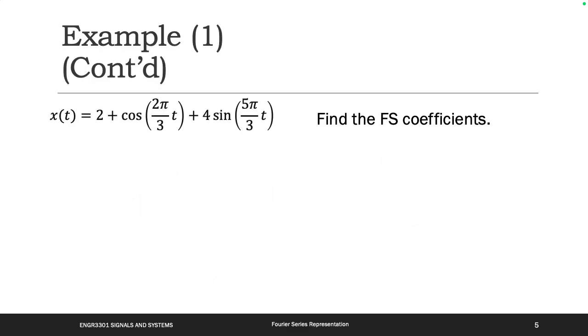Let's talk about the other question: find the FS coefficients. How to find the FS coefficients? We have two different equations, signal synthesis and signal analysis. Usually, if you want to find the coefficient, you use signal analysis.